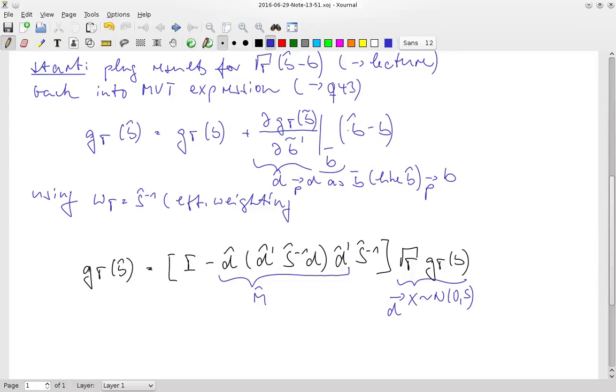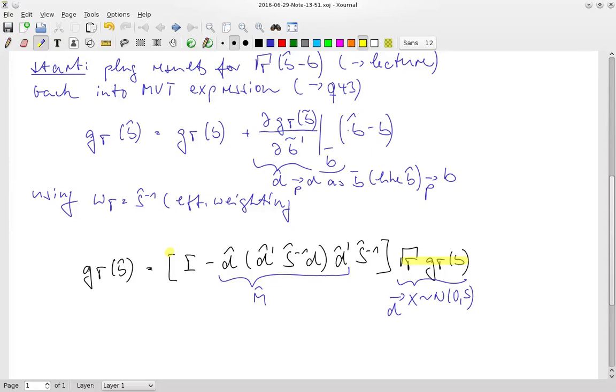And at this point, I think it's helpful to look at the rank of the matrix in these brackets here. Okay, what's the rank of this matrix? The answer to this question is to look at the following thing, right? Here we have a vector of normal variates, and there are no linear dependencies in these n sample means.